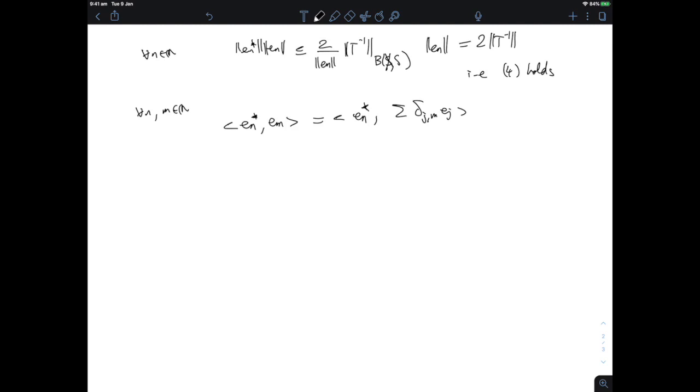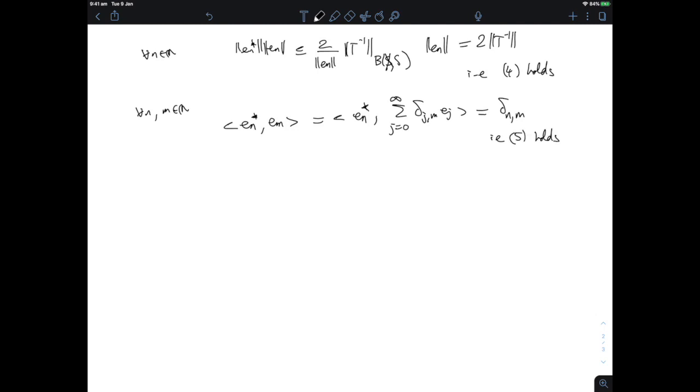I'm using the Kronecker symbol: delta jm is 0 for all values of j except when j is equal to m. But then by definition of en star, what I'm getting here is just delta nm. So that proves 5.